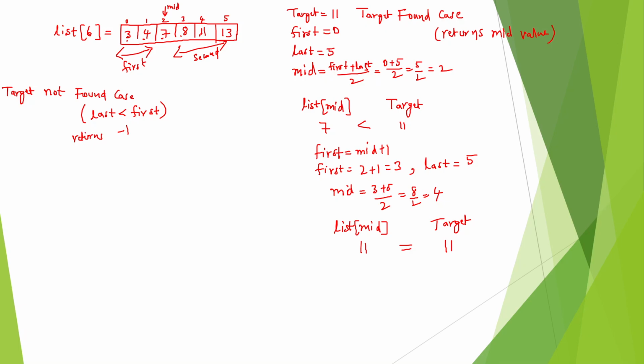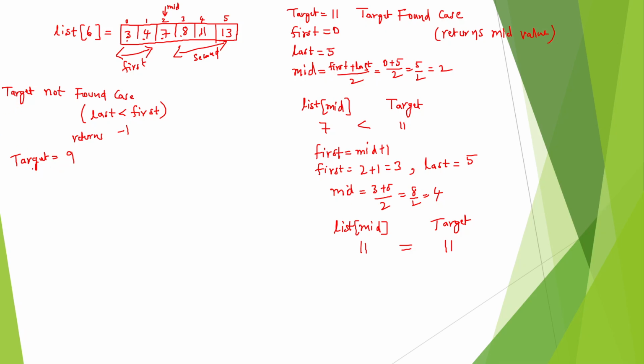So quickly we will do that processing here. I'm assuming my target as say 9. As you can clearly see, 9 is not available in the list, so it will become my target not found case. Just see how the algorithm will end here.